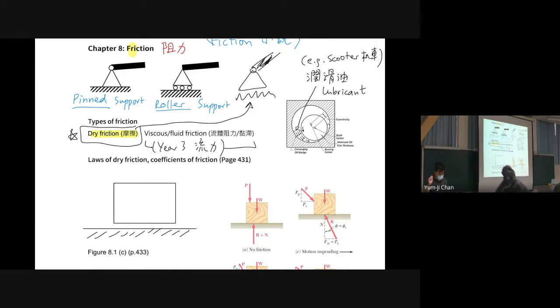From our statics or from your high school physics, of course we know we have a weight W here.